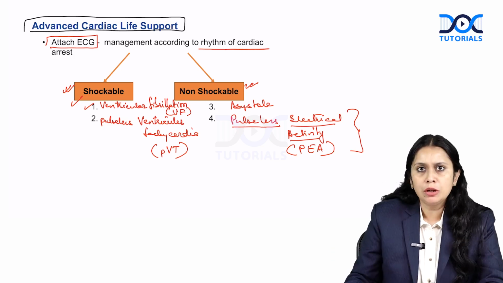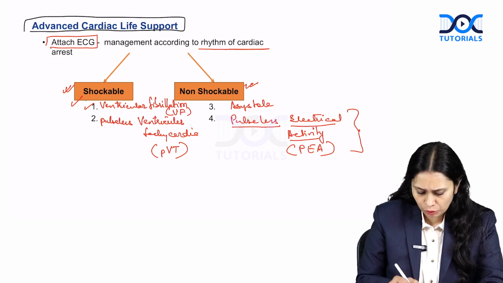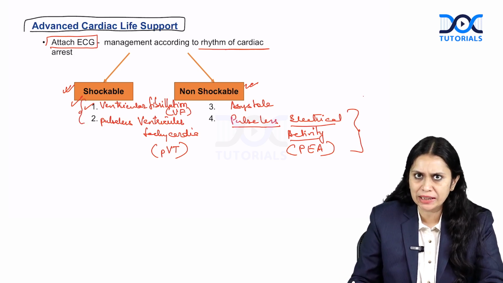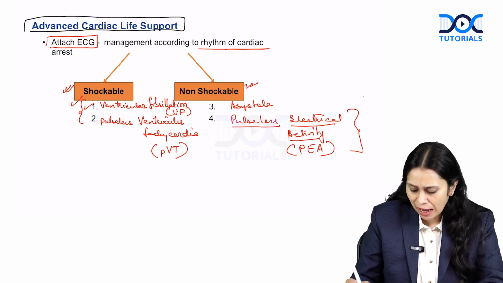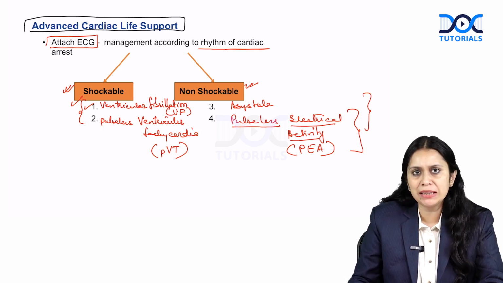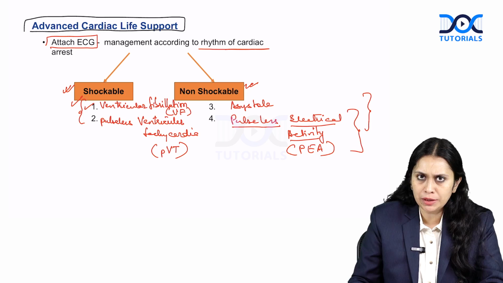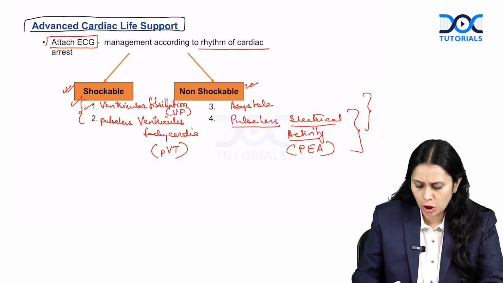Okay, so now we will manage the cardiac arrest according to rhythm. Management of ventricular fibrillation and pulseless ventricular tachycardia is similar, and management of asystole and pulseless electrical activity is similar. So first I will discuss the management of shockable rhythm, and then non-shockable rhythm.